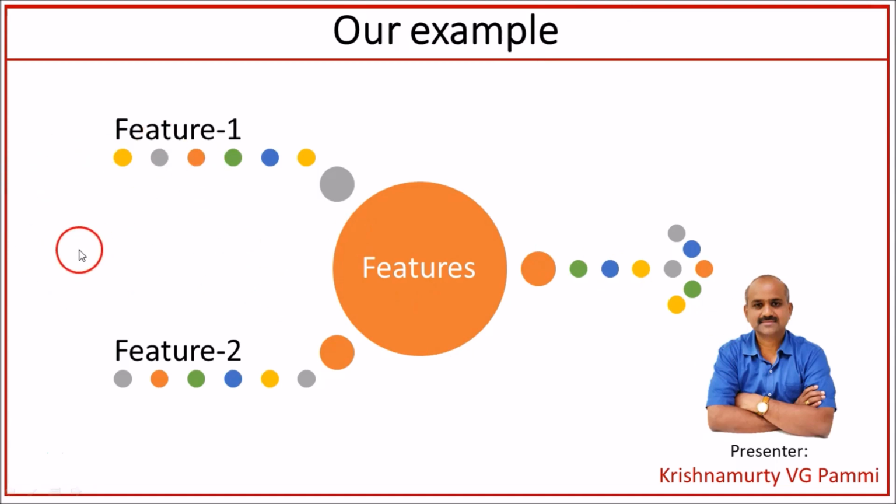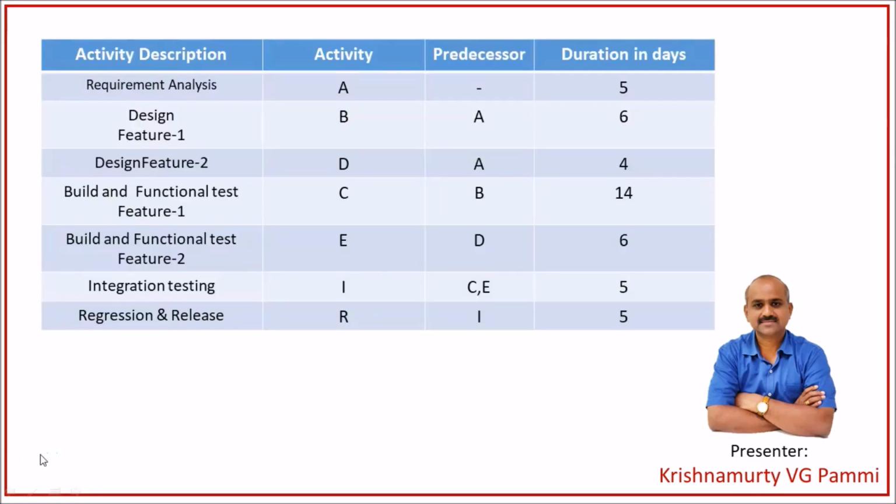As part of this, we will be performing requirement analysis, design, building, and functional testing of these features, and then we will be doing integration of these features to the already existing feature set, and then we will perform regression testing to ensure that already existing features are not disturbed and they are performing in the intended way, and then we will deploy and release these new features along with the existing features of the product to the market. We are asked to draw the activity network diagram by giving the details provided here.